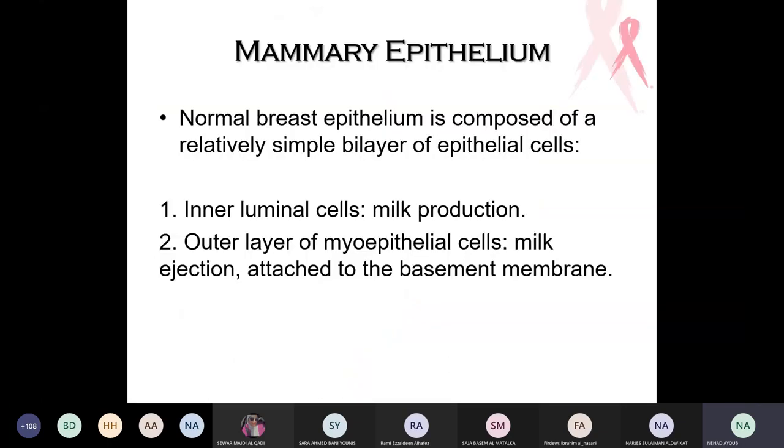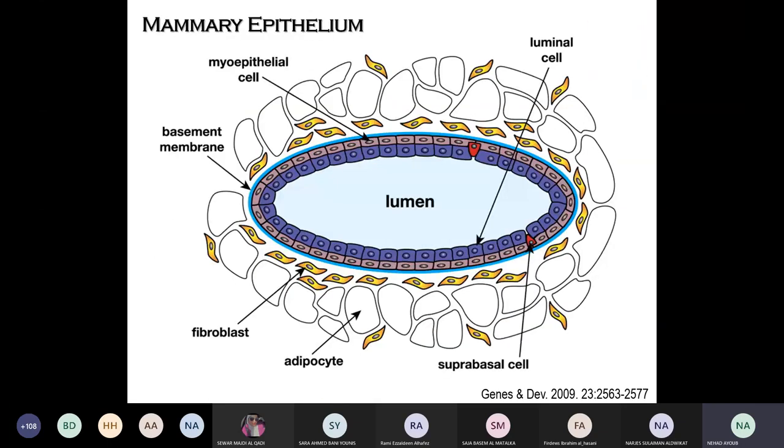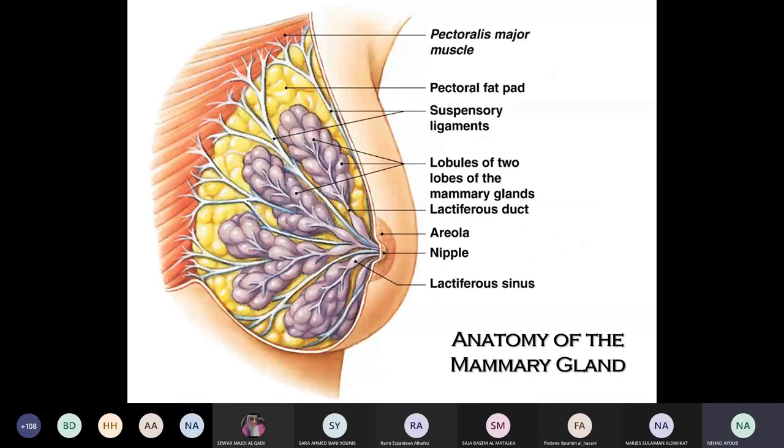When we talk about the structure of the mammary gland itself, we are talking about tubules, lobules, and ducts. Their main function is to synthesize and secrete mammary milk. This is the main function of these cells or structures.